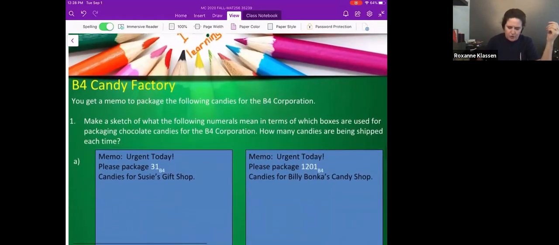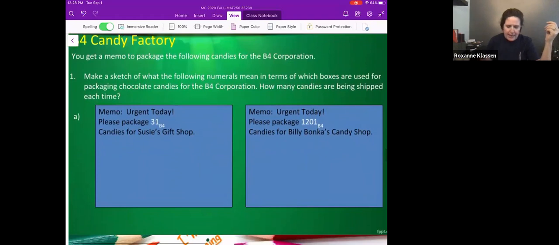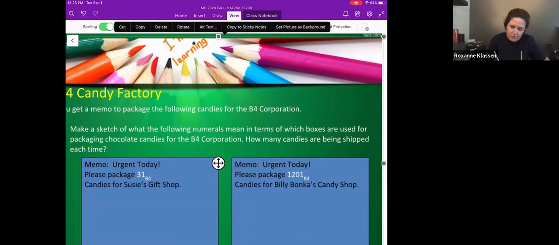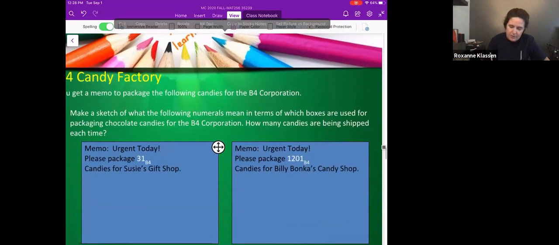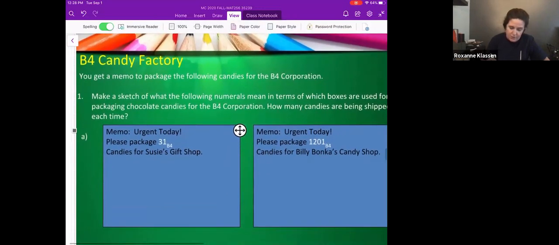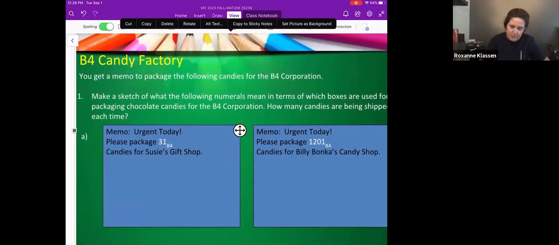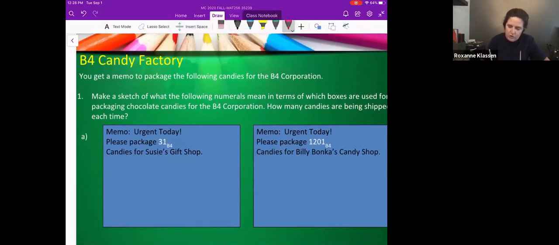Okay, so now I want you to try this. Draw a picture of what the numerals mean in terms of what kind of boxes. Before you draw all these rectangles, you can use a dot for the units because it'll be easier to draw.